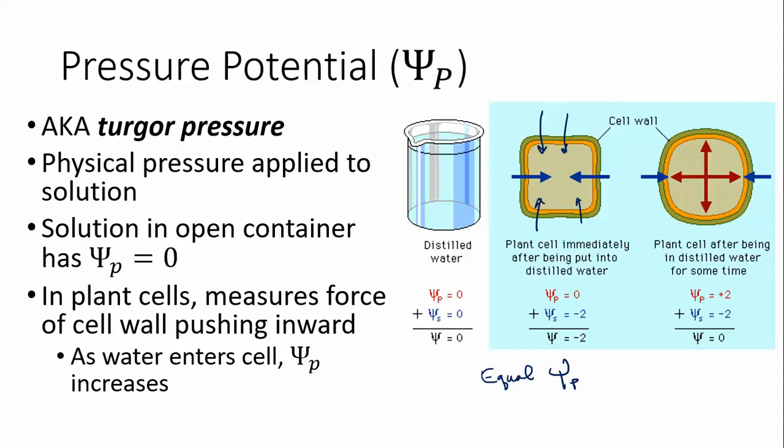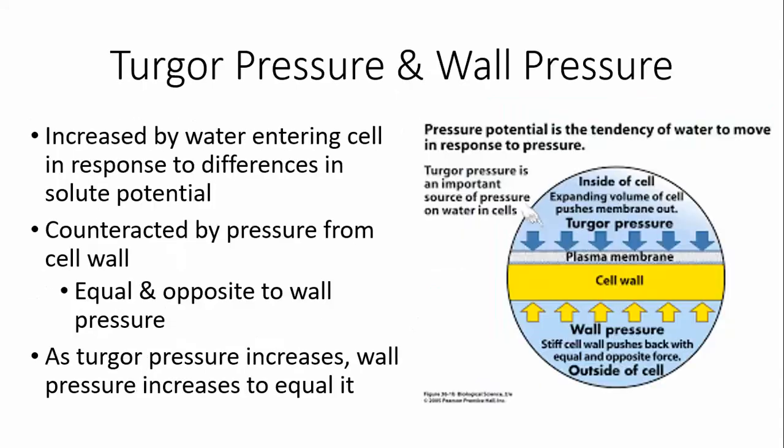As more water enters the cell, that pressure increases. And eventually, it will increase until the pressure potential and the solute potential are equal. That's if the cell is not doing anything to actively disrupt this. Just naturally, that is what would happen. So turgor pressure and wall pressure are basically equal and opposite.